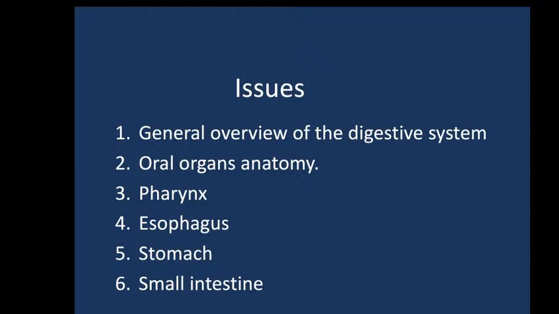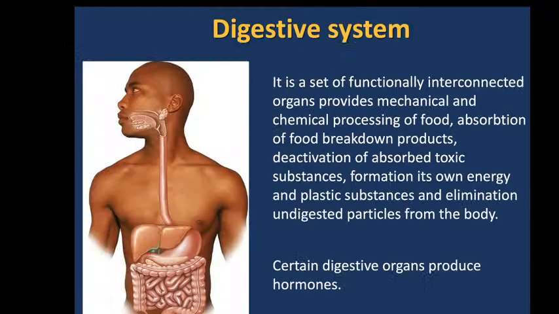I'd like to add that the study of the digestive tract and the diagnosis and treatment of its disorders is called gastroenterology. Gastroenterology is a part of medicine about diseases and treatment of organs of the digestive system.